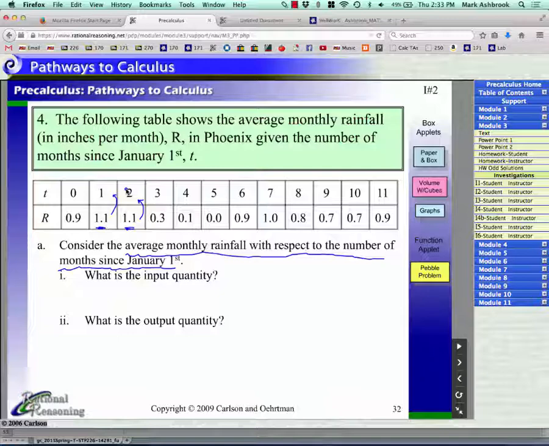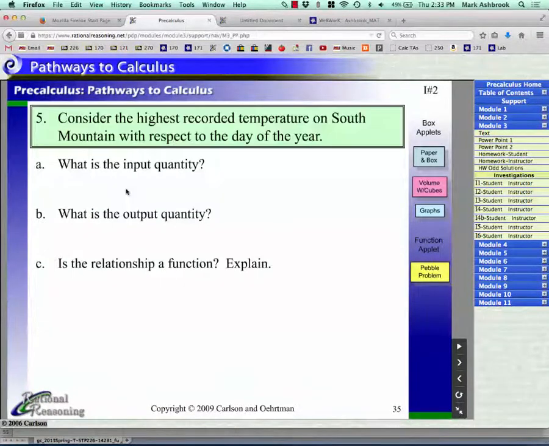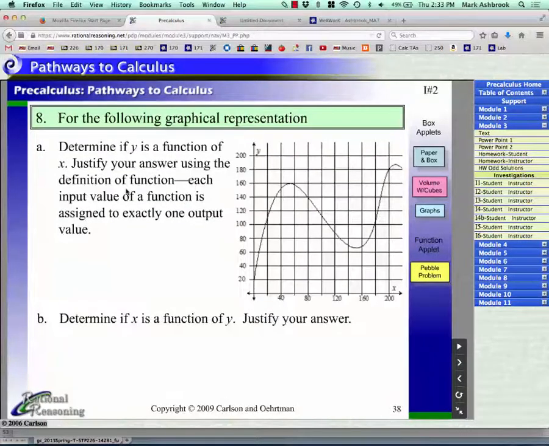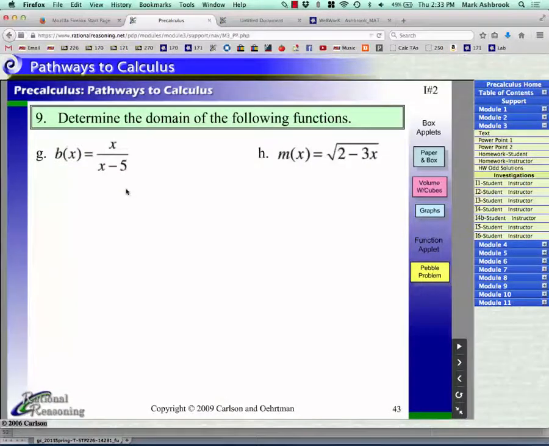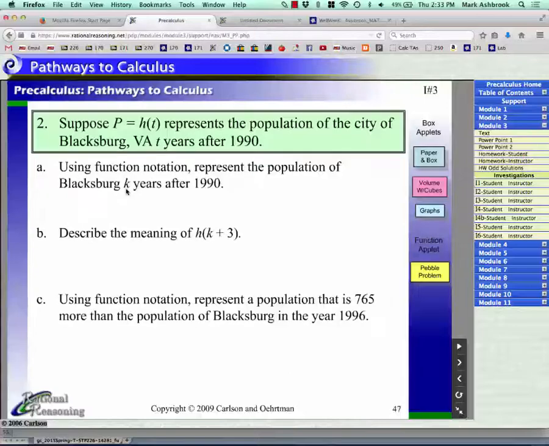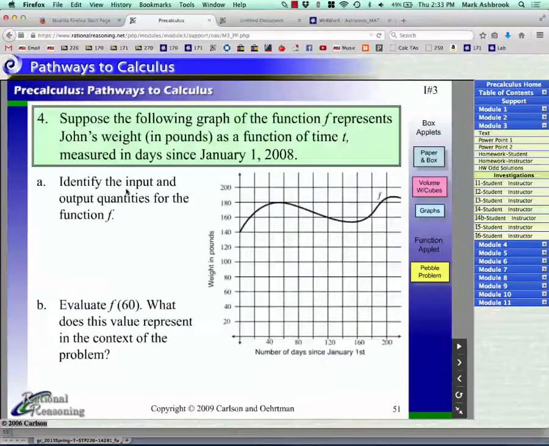Okay, flip over to page 88. So let's bring graphs into this.